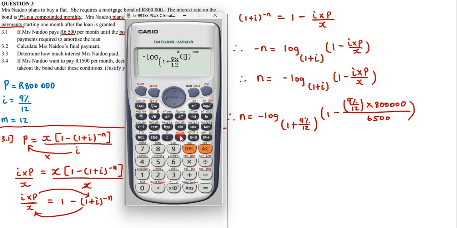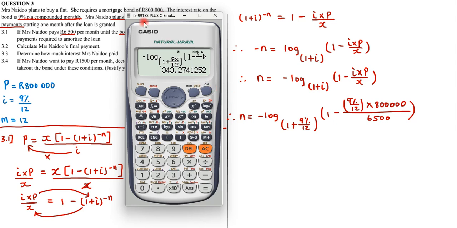This way the calculator will know that I'm talking about 9%. Now I'm going to say 1 minus, then I'll open a fraction, then I'll open a bracket, and I write again my 9% over 12. Now notice that when you put in the bracket, it basically takes the fraction at the top, and then I divide this by 800,000, and then divide this by 6,500, right? Make sure everything is closed, and then I press this.